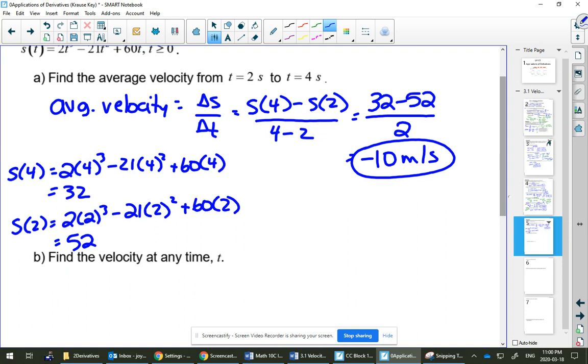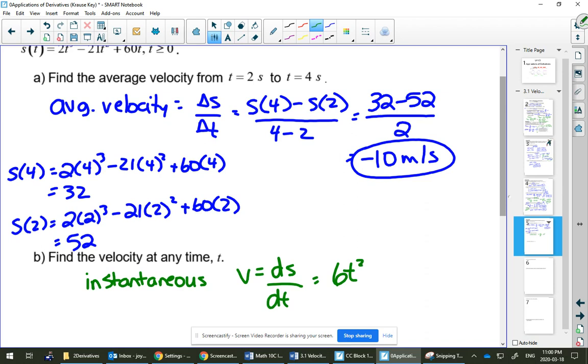Now, if we want to find the velocity at any point in time, then we're looking at instantaneous velocity, which again is the derivative. So velocity is going to be the derivative of position with respect to time, giving us 6t squared minus 42t plus 60.